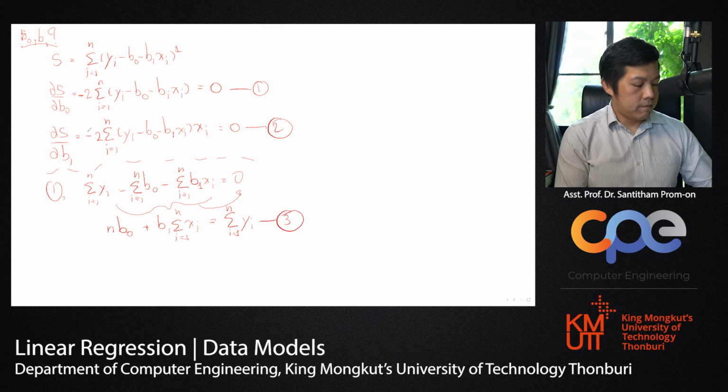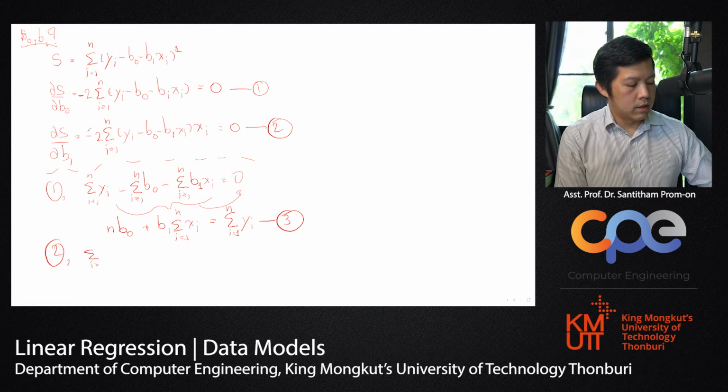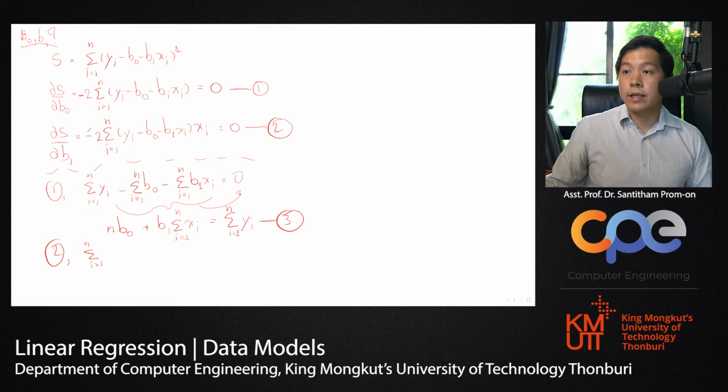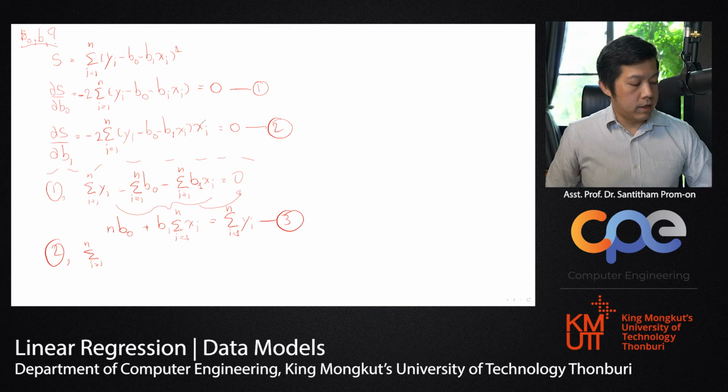And then from the second equation, let's rearrange this as well. Multiply it in. I have the summation of i equal 1 to n of yi. And multiply x as well, right? Sorry, I've got to multiply x here as well, because it has xi here, so it has to be multiplied inward.